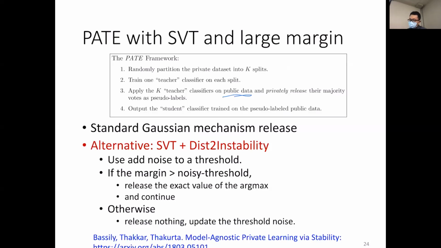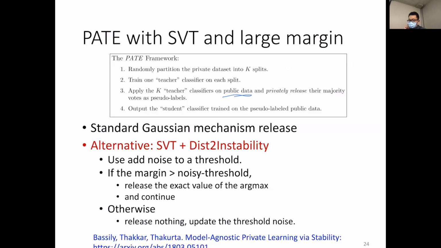The standard PATE, especially the one that worked reasonably well in practice, just uses a standard Gaussian mechanism. So for every individual public data point, you get the teachers' votes, you add noise to that, and that gives you the pseudo labels.